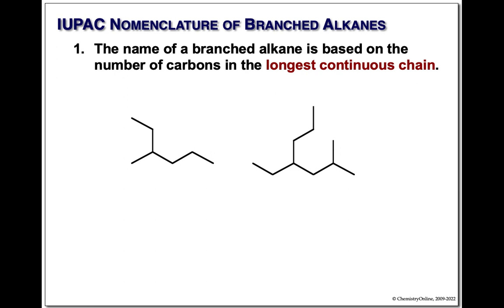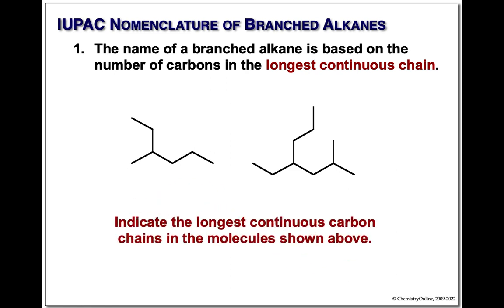Step 1, we look at our molecule and we find the longest continuous chain of carbon atoms. So look at these two and come up with a chain. If we let this be our main chain, we would have 5 carbons.